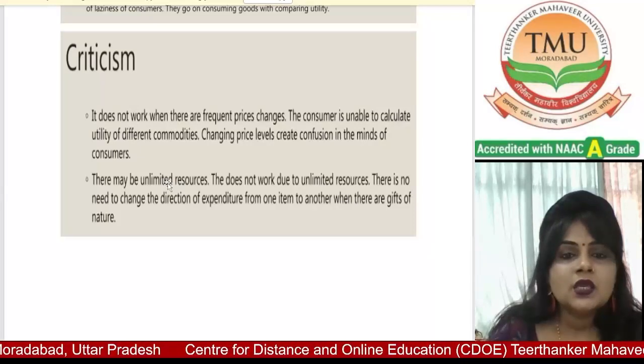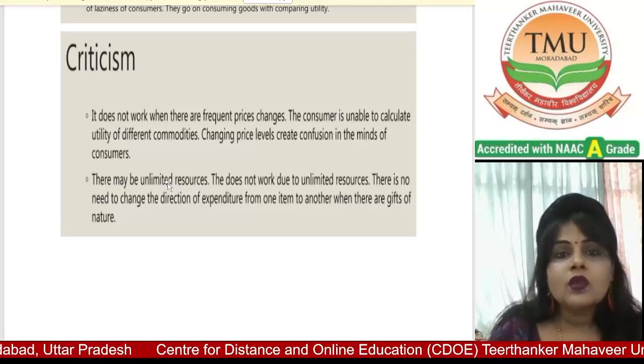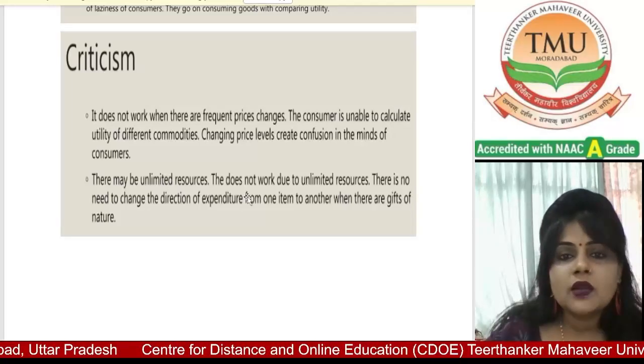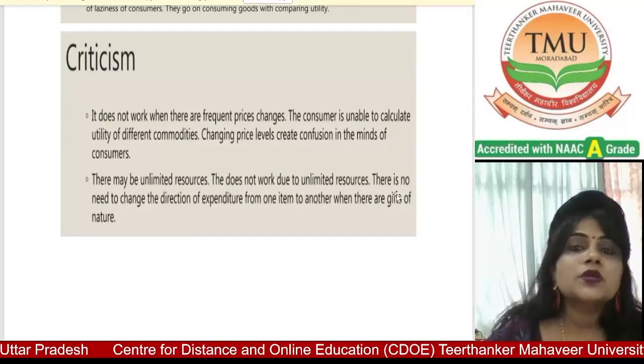And next, there are unlimited resources. The law does not work due to unlimited resources.